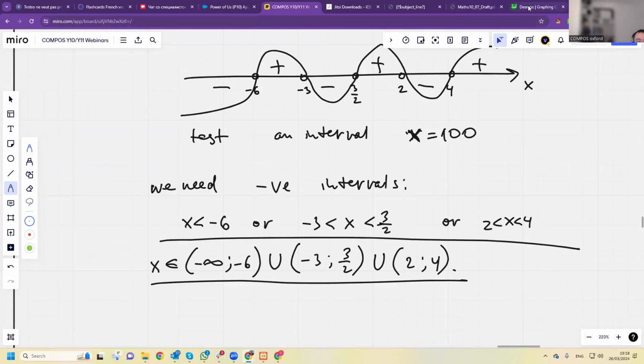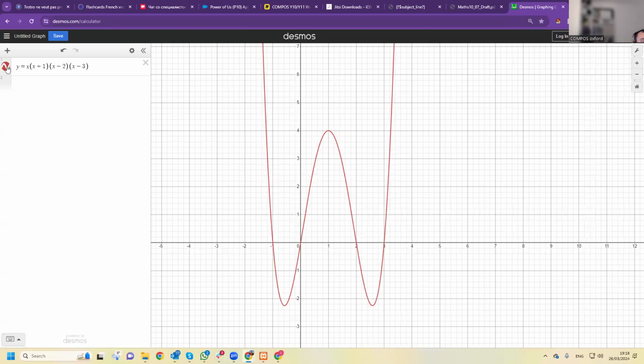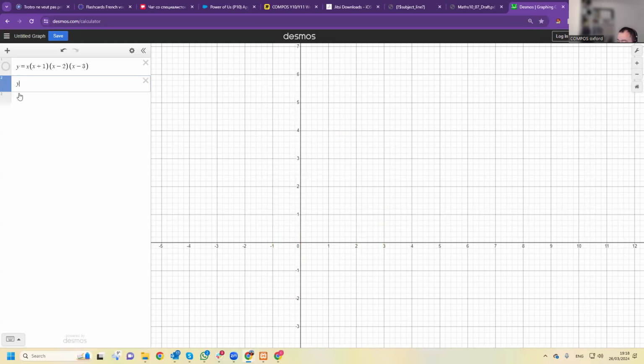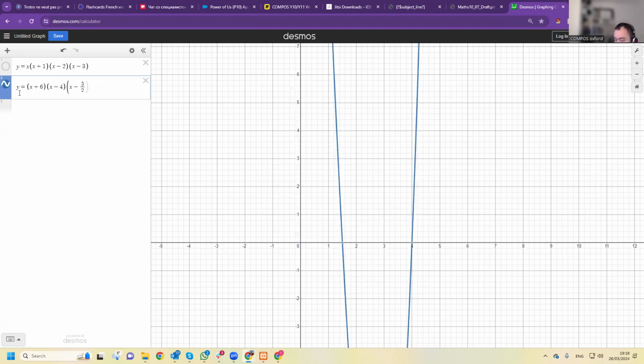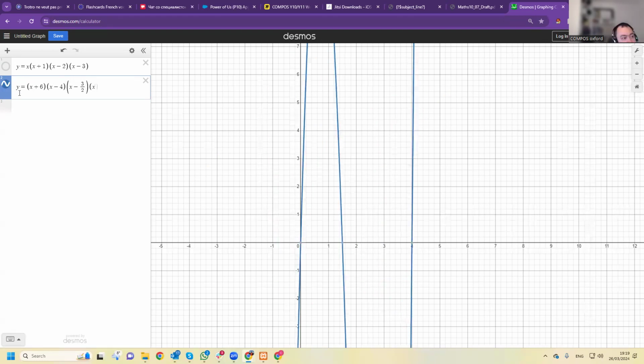And let's sketch that. Let's see if it actually works. y is equal to x plus 6, x minus 4, x minus 3 over 2... what was it?